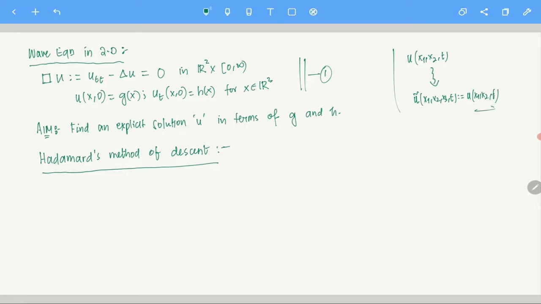Here in our case, in problem 1, u depends on two spatial variables. Of course the time variable is there, you can't do anything about it. But the spatial variables are two variables, x1 and x2.